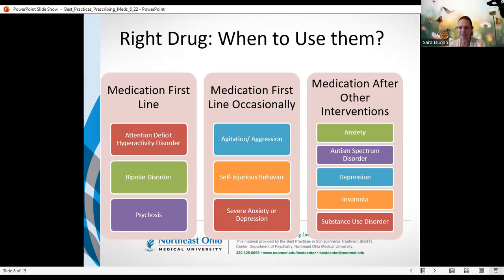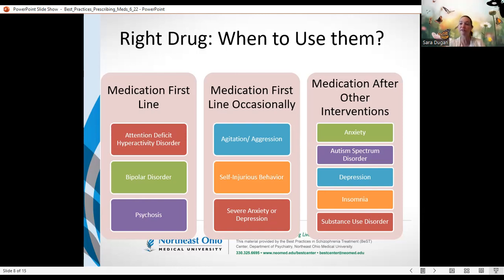So the agitation, aggression, the self-injurious behaviors. How much of a problem is this? What is it that we're seeing? If there's extreme agitation or aggression, maybe that particular youth is unable to use some of the other skills that they have. So maybe we need medicine to help build a buffer for them to be able to describe what's going on, what's upsetting them, to be able to try to use some of those other skills.